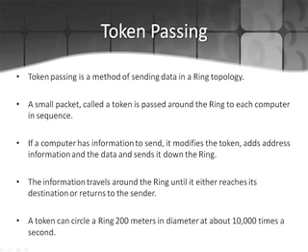If a computer has information to send, it modifies the token, adds address information and the data, and sends it down the ring. The information travels around the ring until it either reaches its destination or returns back to the sender. A token can circle a ring 200 meters in diameter about 10,000 times a second.